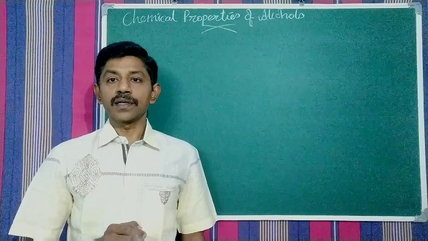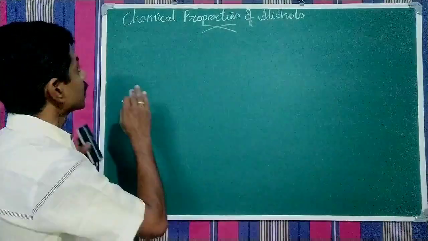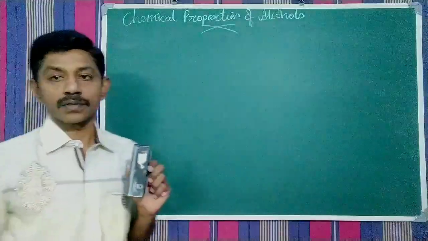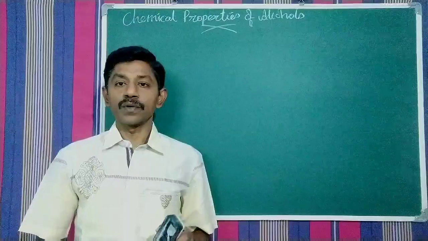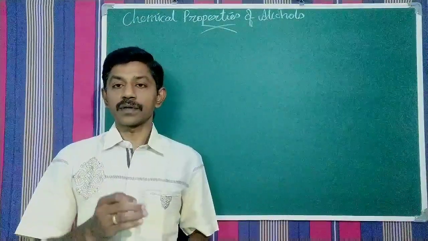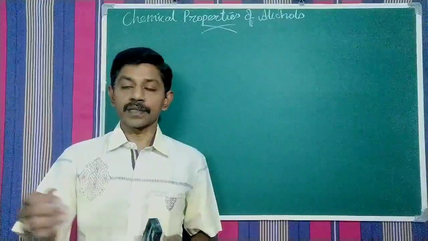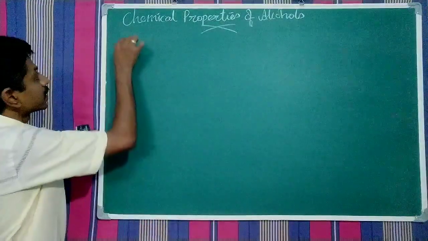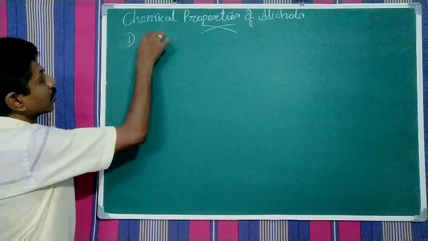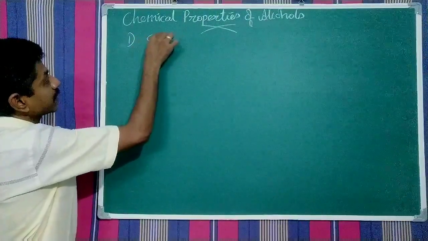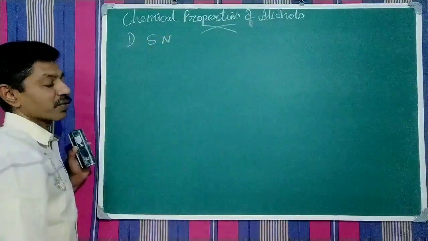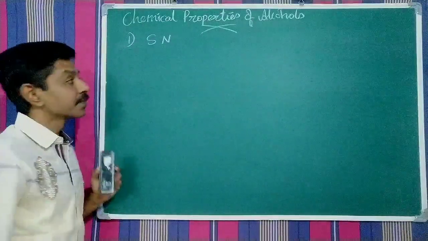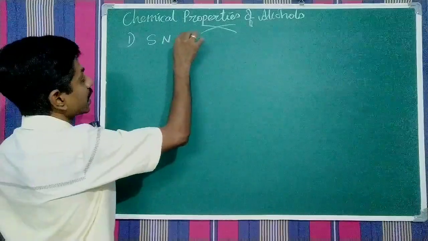Next, let us learn about the chemical properties of alcohols. How do they behave chemically, or how reactive are they with other reactants? That is our next idea. To start with, let us talk about the nucleophilic substitution reactions of alcohols. So what are nucleophilic substitution reactions?